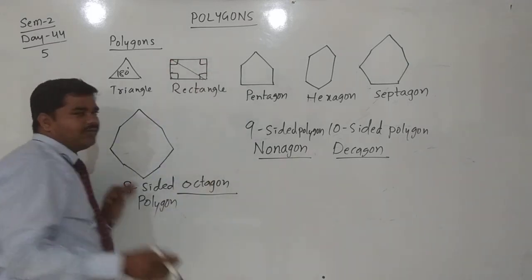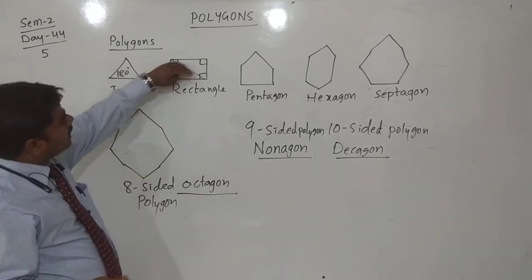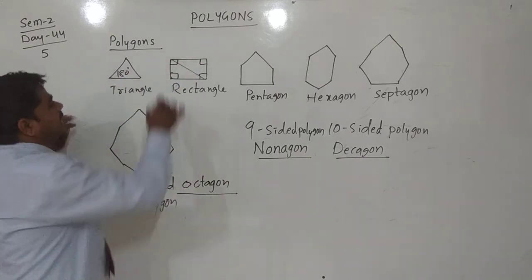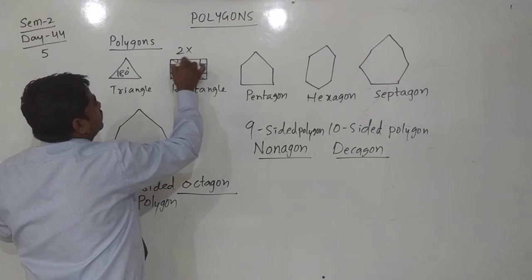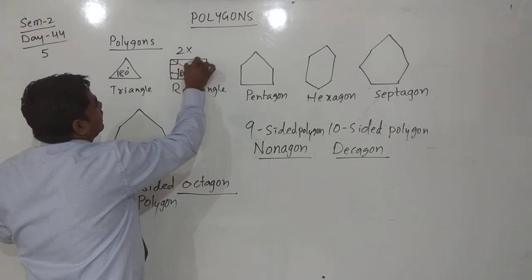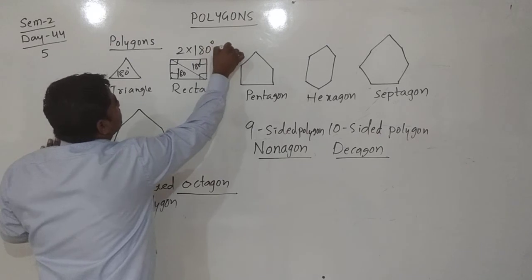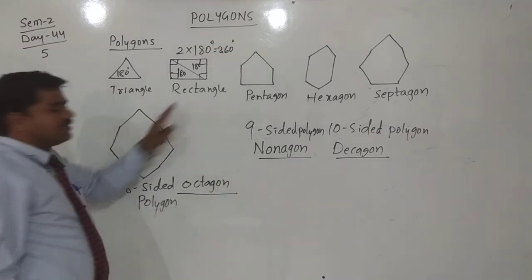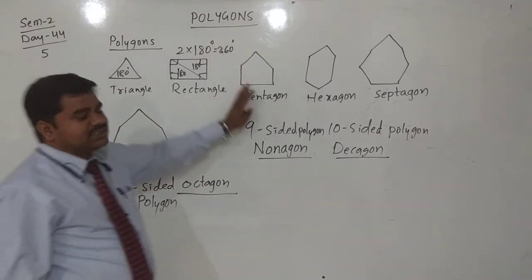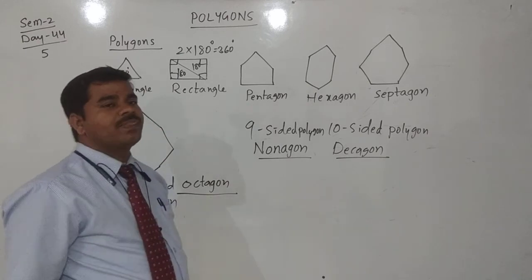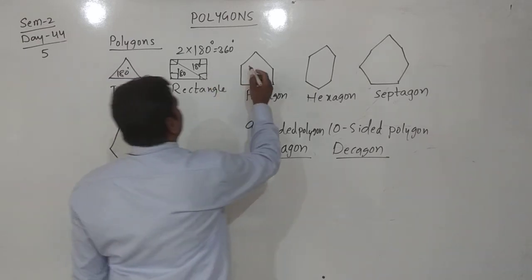We can say it is 360. When you cut into 2 equal triangles, 180 degrees and 180 degrees, together 2 into 180 is 360 degrees. How many degrees is it? A rectangle is 360.